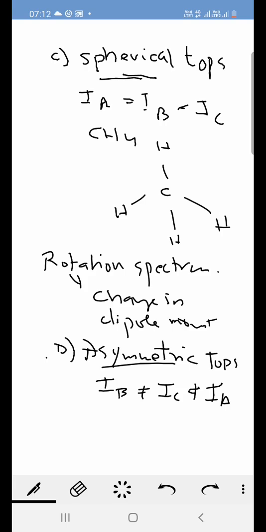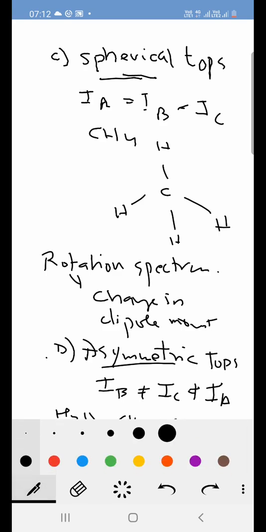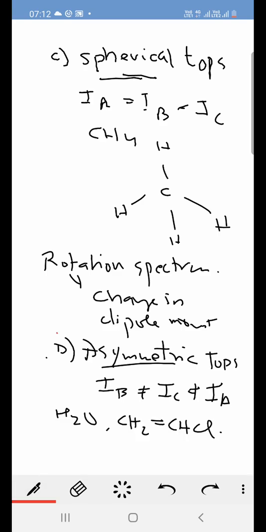If we take examples, H2O, then CH2Cl, they are good examples of asymmetric tops. The moments of inertia are not equal, and the water molecule looks something like this, H-O-H. So end to end rotations or bond axis rotations will not give any similarity between the moments of inertia if done in the opposite or reversed way.